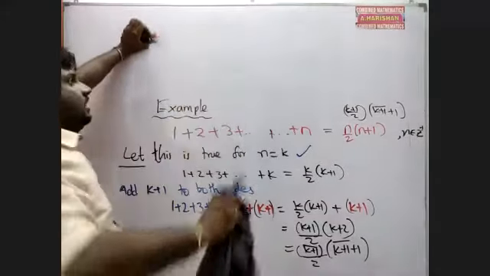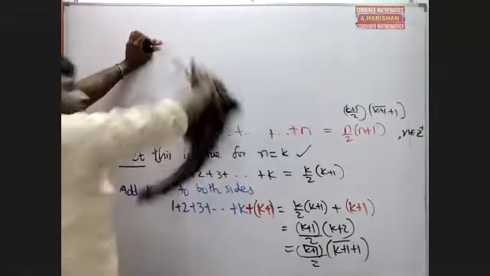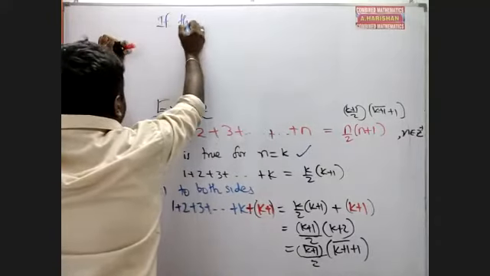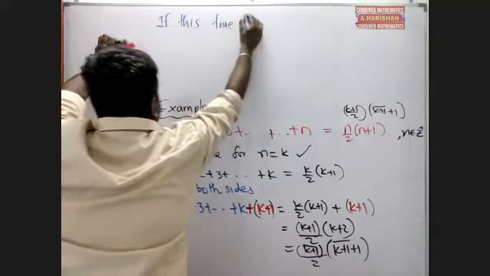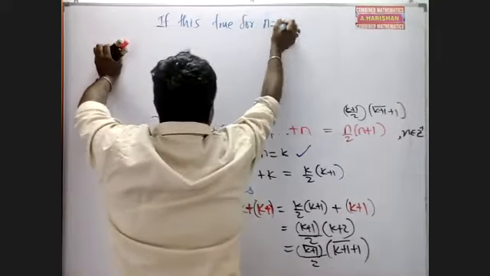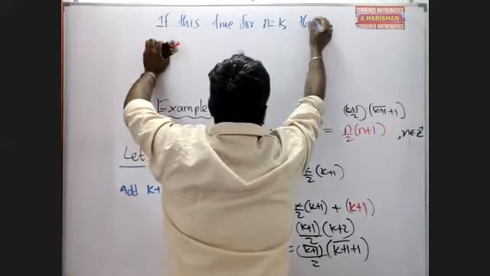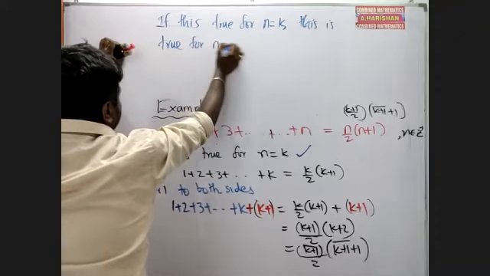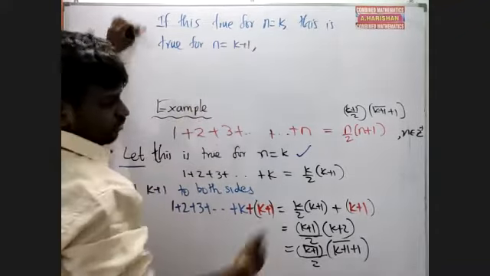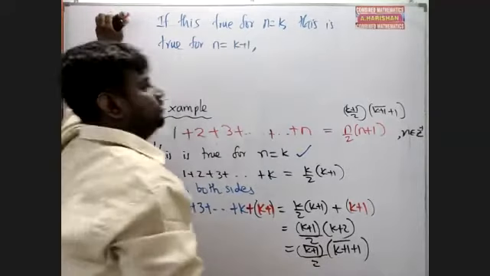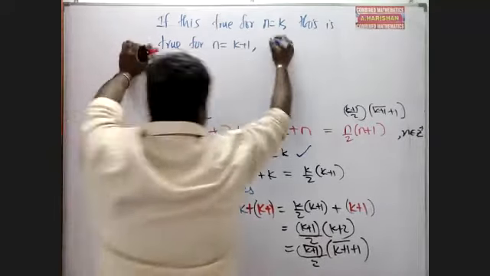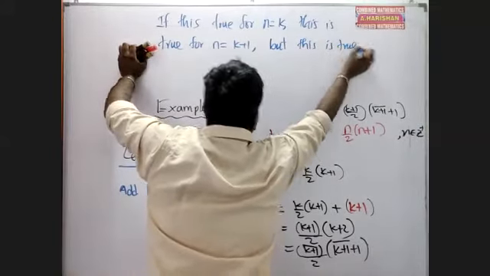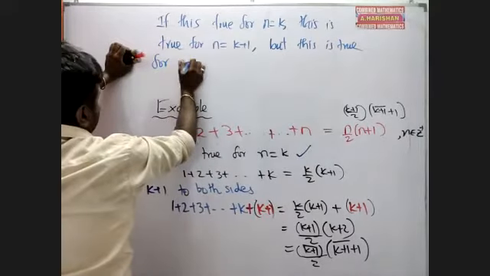So let's see. Guys, write down the paragraph. The paragraph is: if this is true for n equals k, this is true for n equals k plus 1.